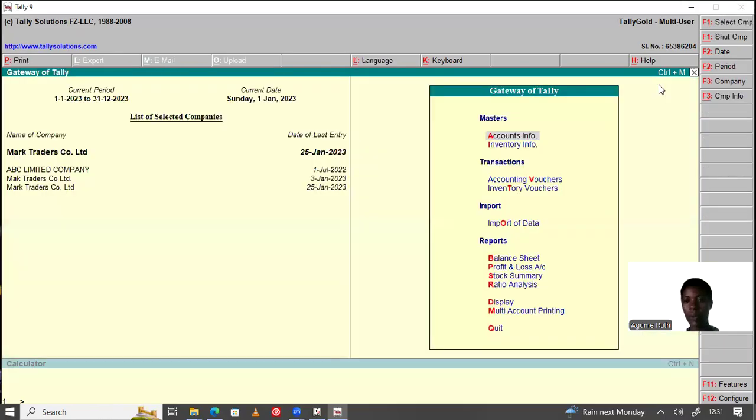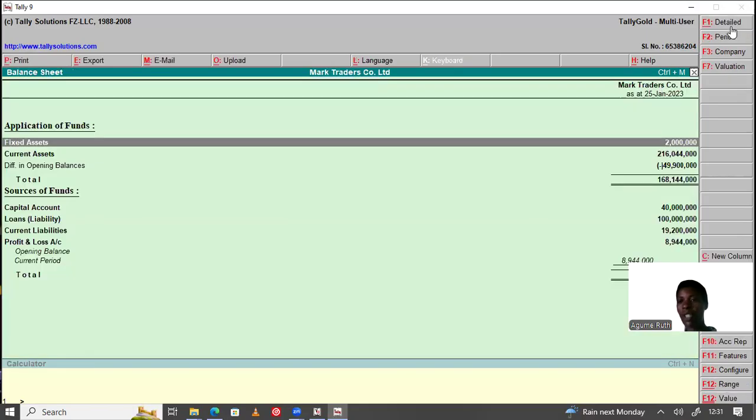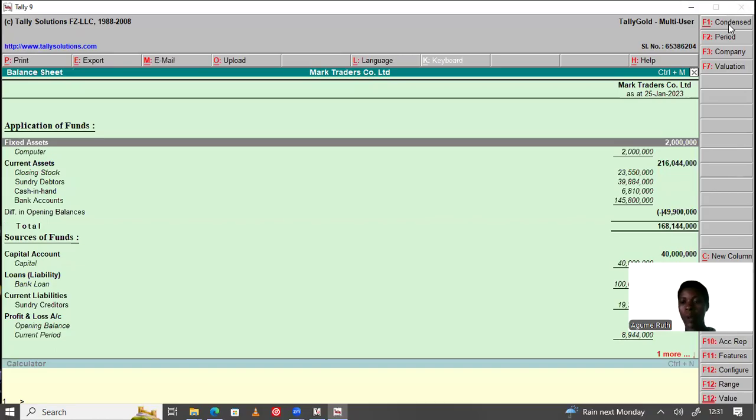Then I'm going to go back and then view my reports, first with the balance sheet, then I show the detail.